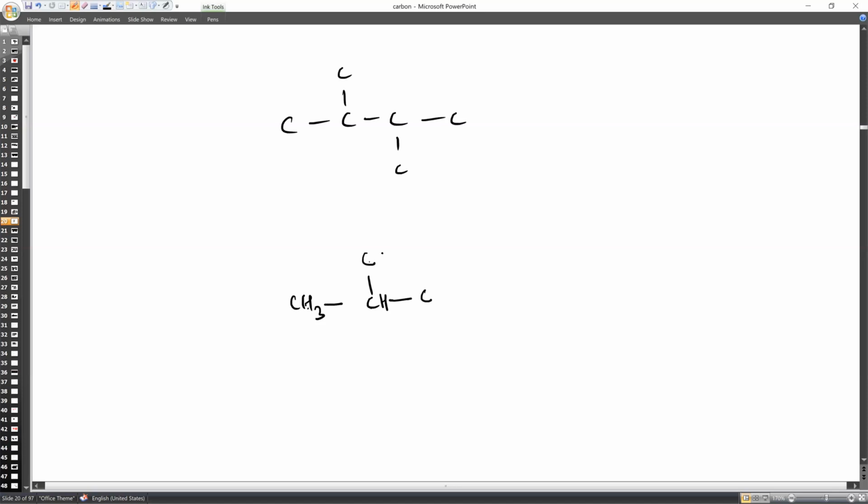Are you getting my point? So this will be CH3, then CH2, then CH only, because this is also connected with three carbons: 1, 2, and 3. This is CH3, and this is CH3. So what should be the name for this one?